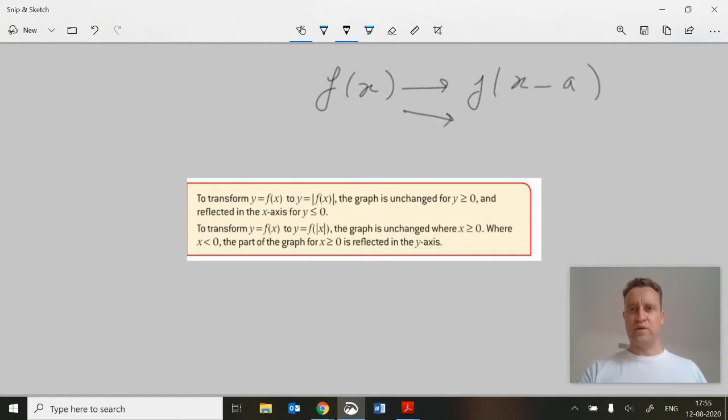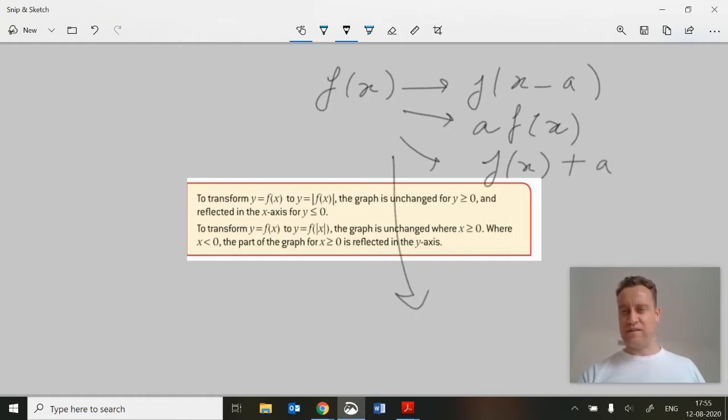What happens when you do a of f of x, and so on. You know the transformations, and we can put one on the end. We could say f of x plus a, and we can do the other one. What's missing there? f of ax, 1 over ax, however you want to put it down.